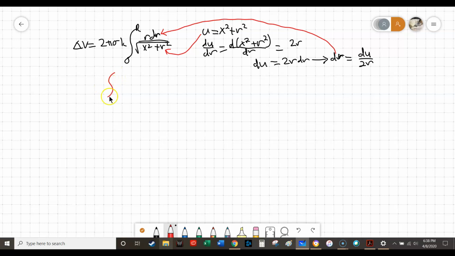So let's just solve this independently, and I'm going to do this in black and just keep it consistent with everything that we're going to do.